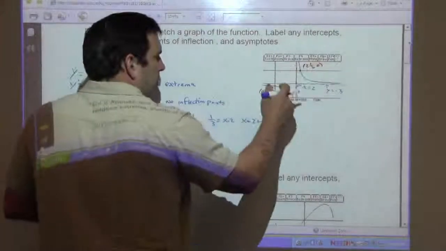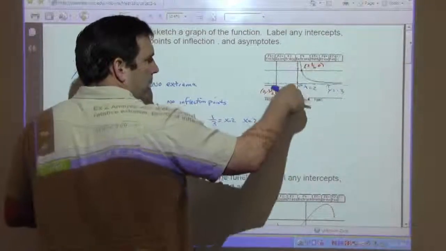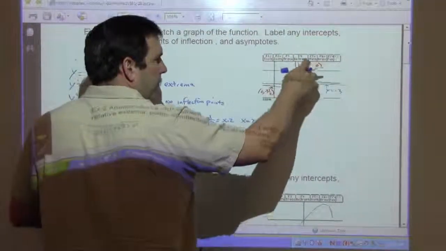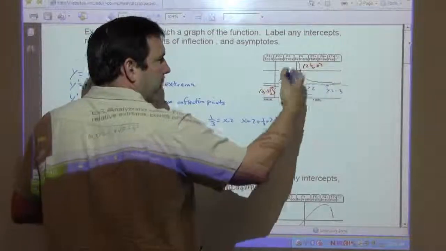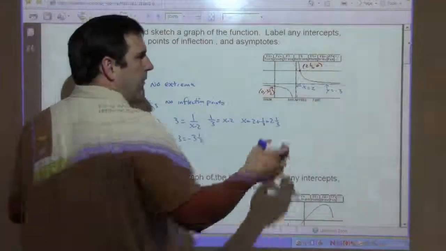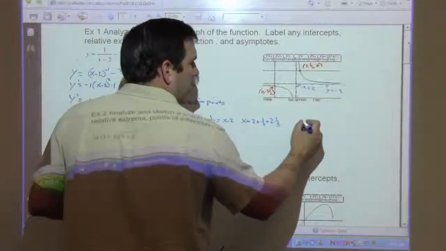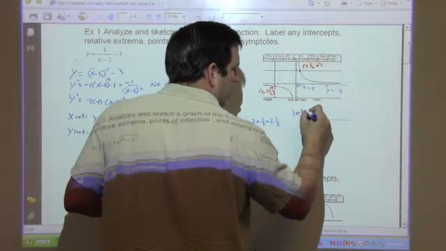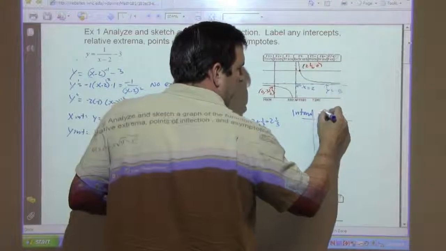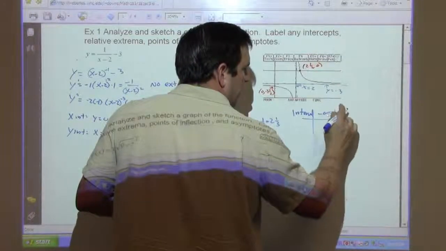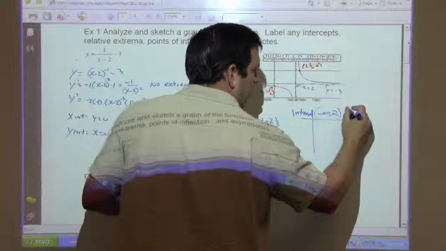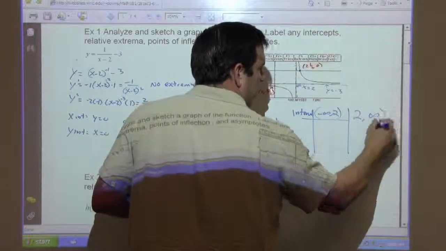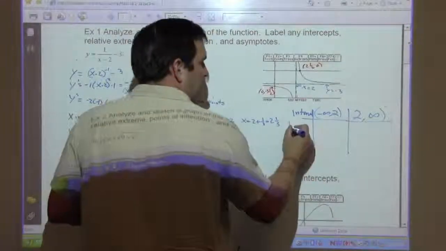We have no inflection points, but we do have to consider concavity. We could look at this graph and determine concavity, but let's just go ahead and test that anyway. So we're really looking at our intervals from negative infinity to positive 2, and then from 2 to infinity. So I'll get our test values.